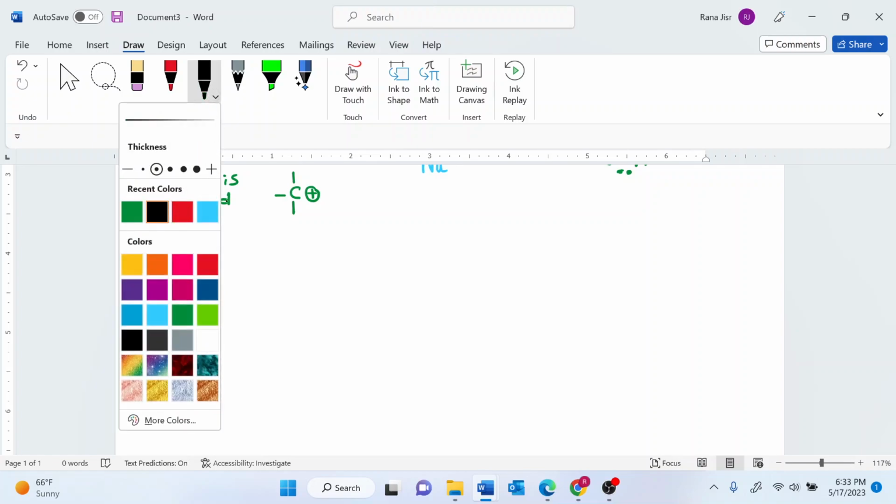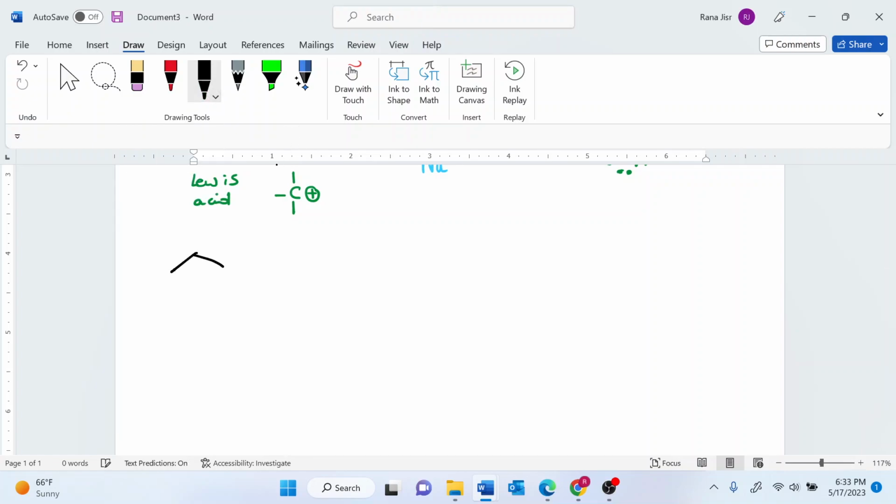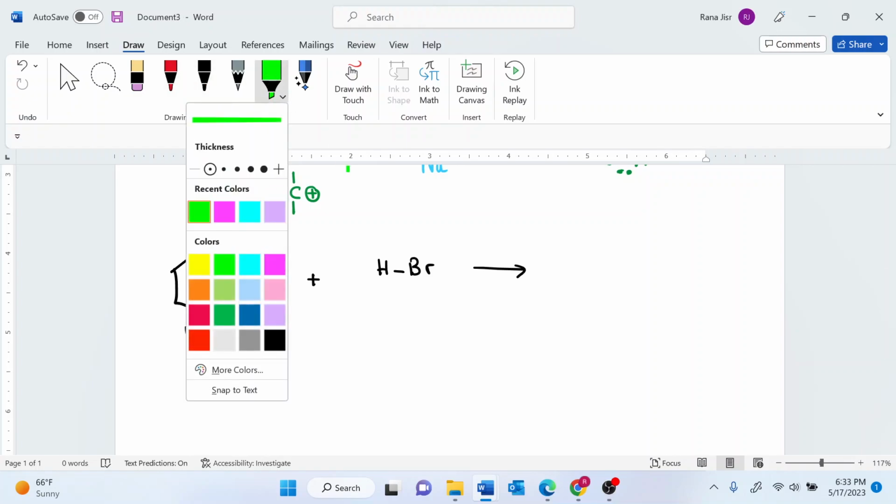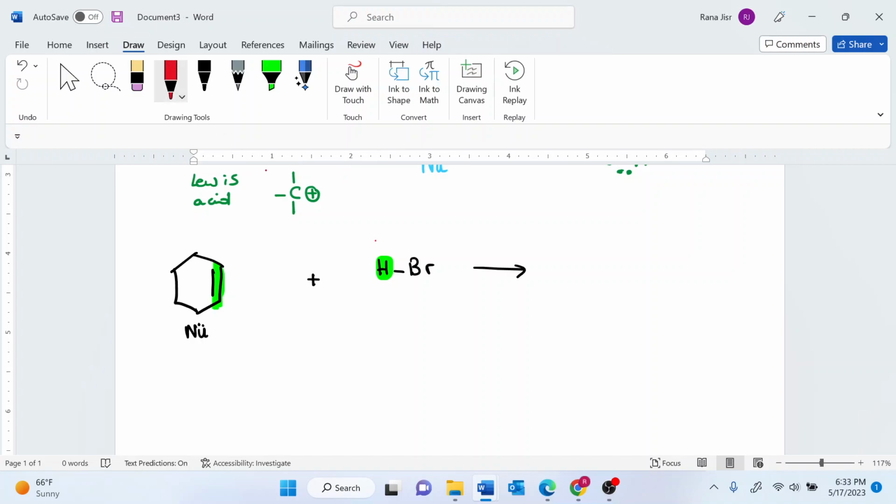Another example is whenever I have a double bond. So if I have a double bond here, this is a hidden source of electrons, plus HBr. Now this example can be both a Bronsted-Lowry acid base reaction or a Lewis acid Lewis base reaction. You choose, it doesn't matter, because this is a nucleophile here, and the source of my electrons is the double bond, and I have my hydrogen, which is partial positive because of the direction of polarization.